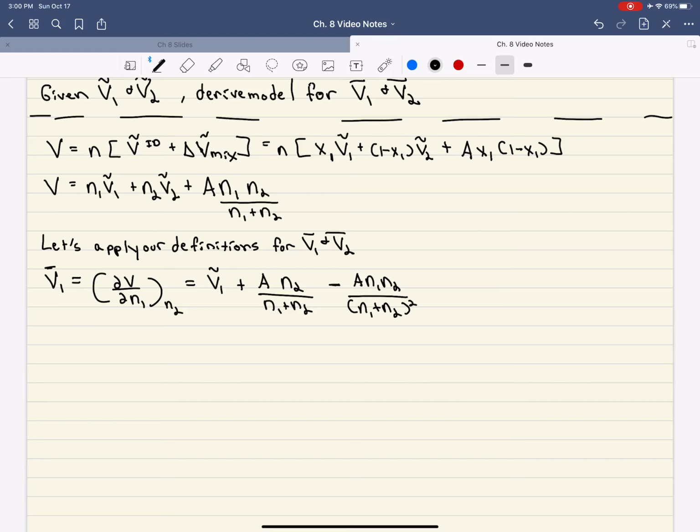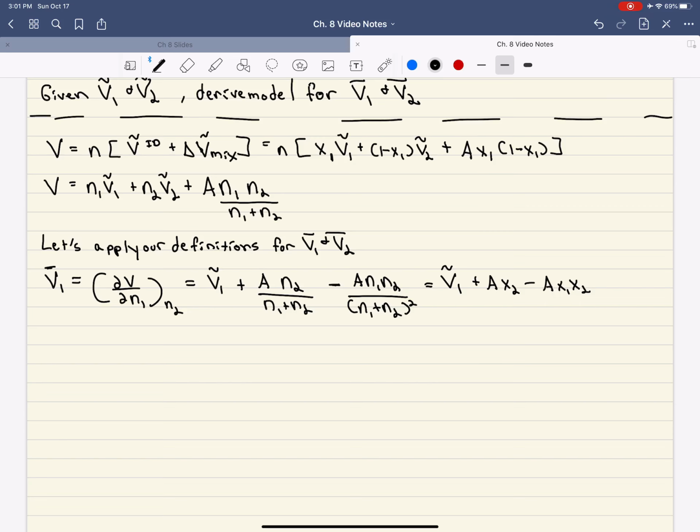Essentially what we have here is N2 over total N. That is just a mole fraction. And here, since this part's squared, we also have N1 over total N and N2 over total N. So we could rewrite those in terms of mole fractions again: A x2 minus A x1 x2.